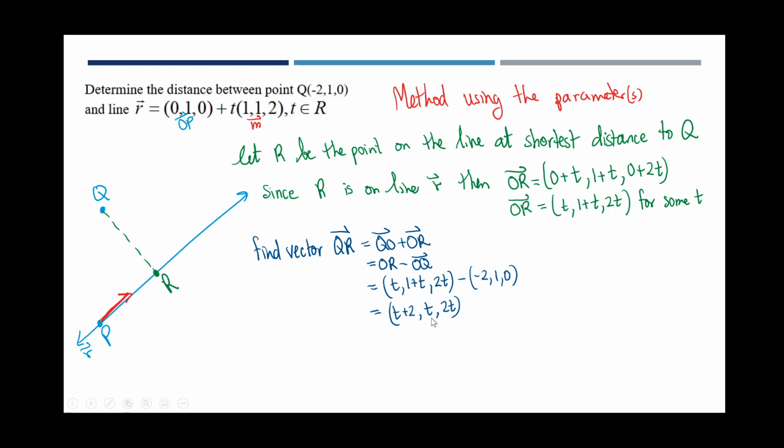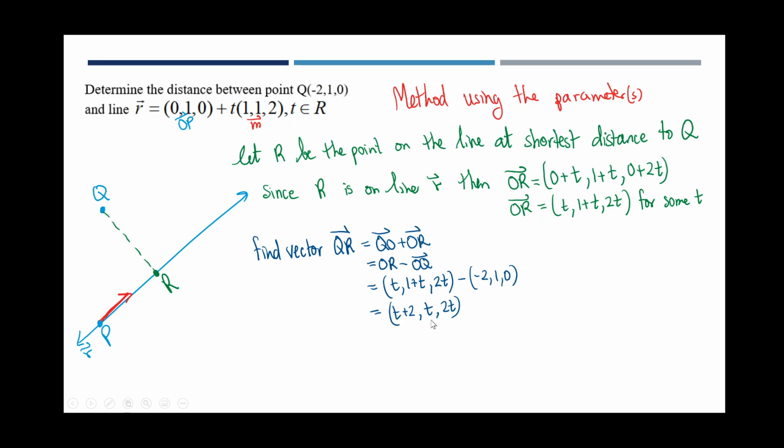Even though we don't know what that t is, we'll just find an expression again for this vector QR. In order to find QR, we utilize the known point Q, but we'll convert it to position vector OQ. And then the OR expression that we found here will be used here too. Oops, I forgot a vector symbol here, pretend it's there.